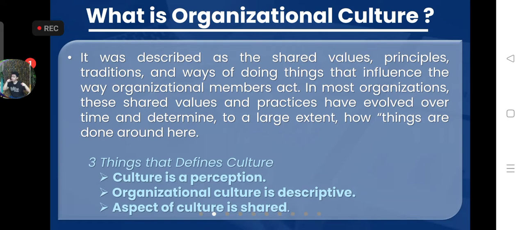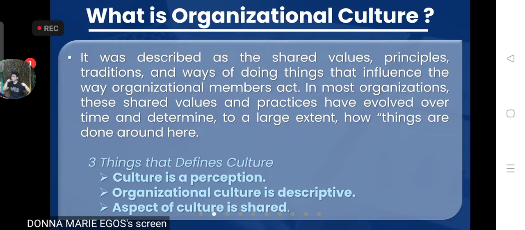Second, organizational culture is descriptive. It's concerned with how members perceive the culture and describe it. From the word descriptive, it usually utilizes how employees describe the work environment, not whether they like it.